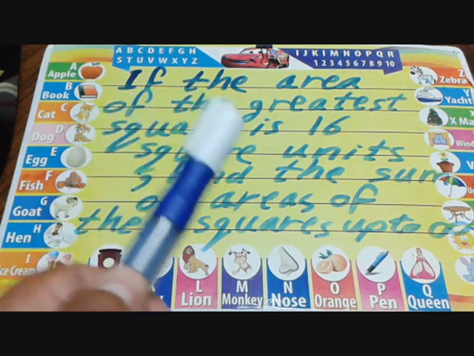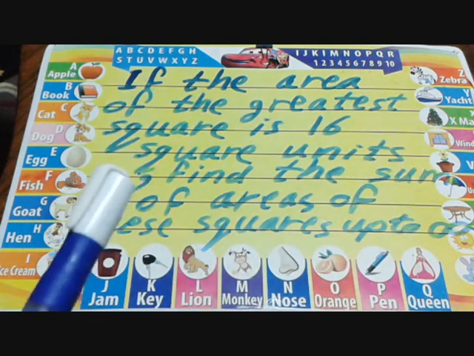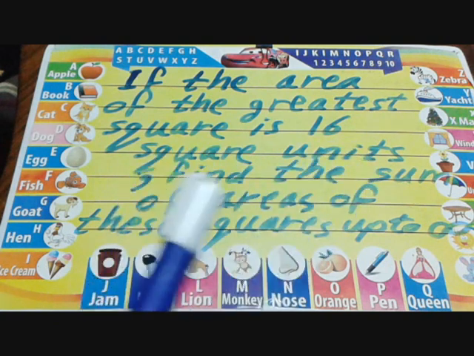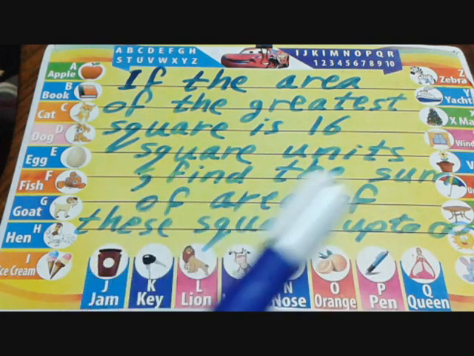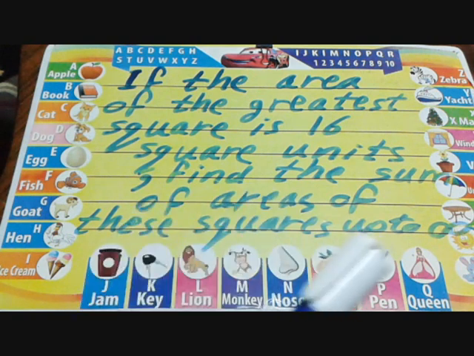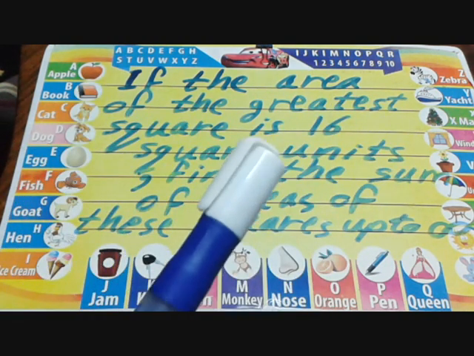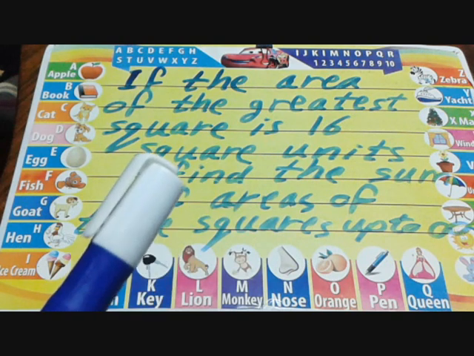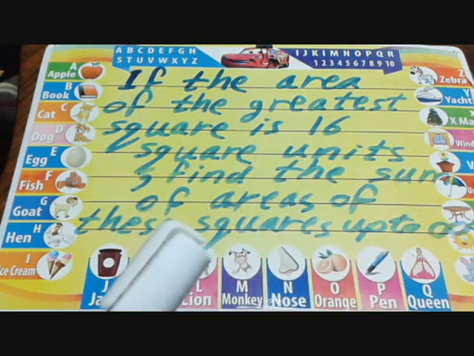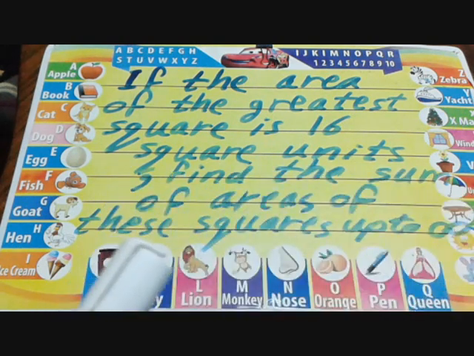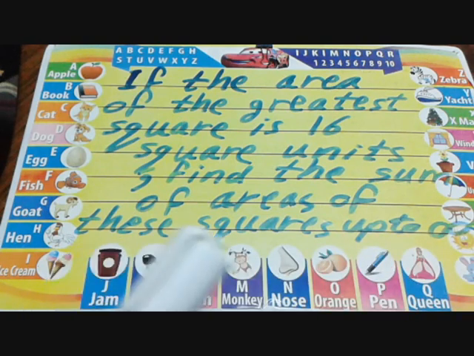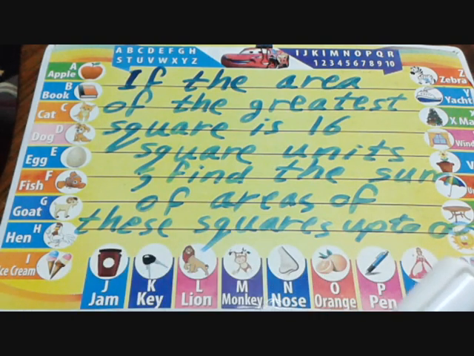If the area of the greatest square is 16 square units, find the sum of the areas of these squares up to infinity.